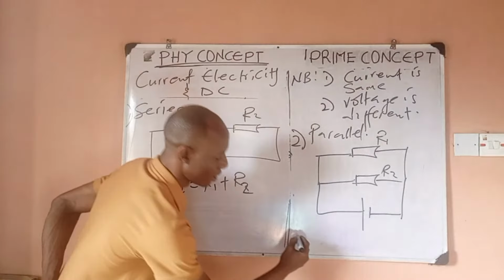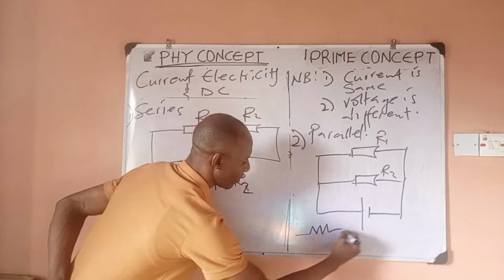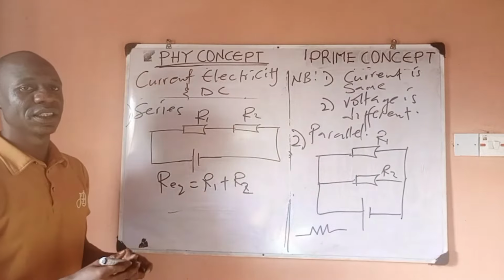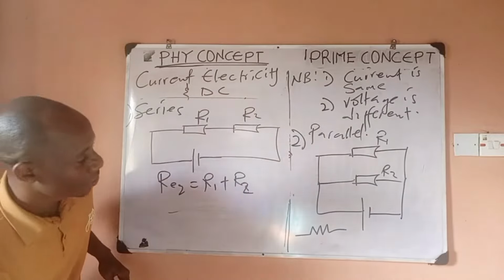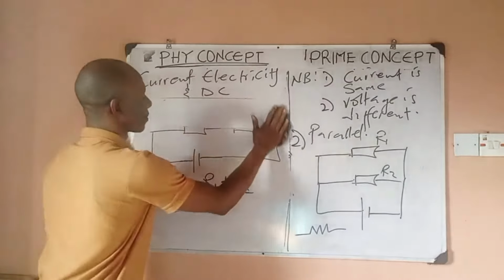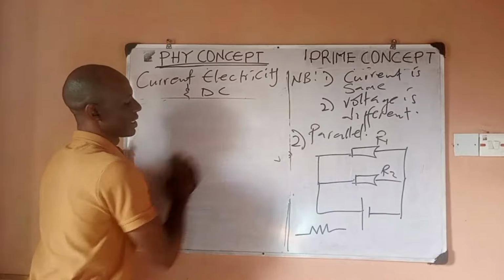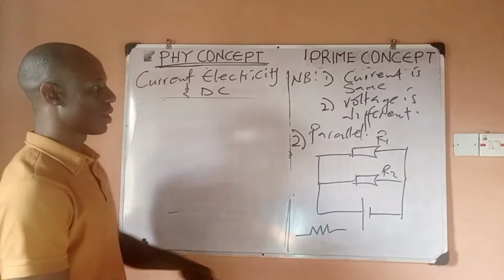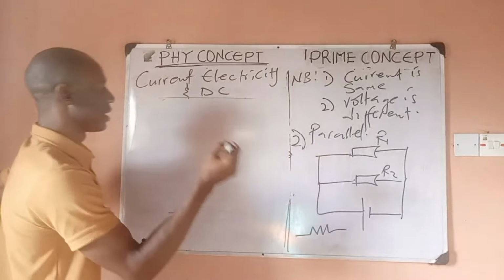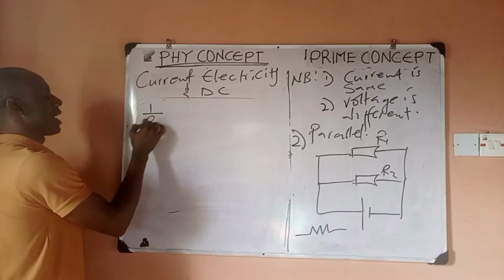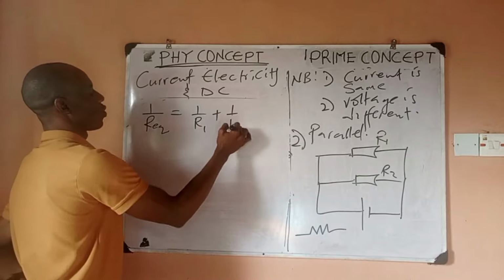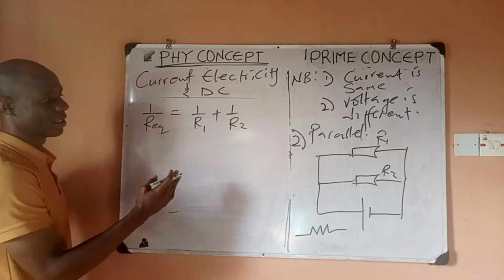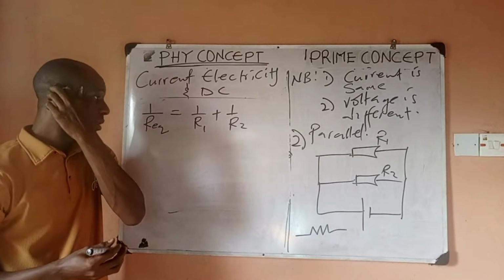Remember that this can also be the symbol of a resistor, so that if it is used in exam, you will not be confused. Now, how do we get equivalent resistance when resistors are in parallel? 1 over R equivalent equals 1 over R1 plus 1 over R2.